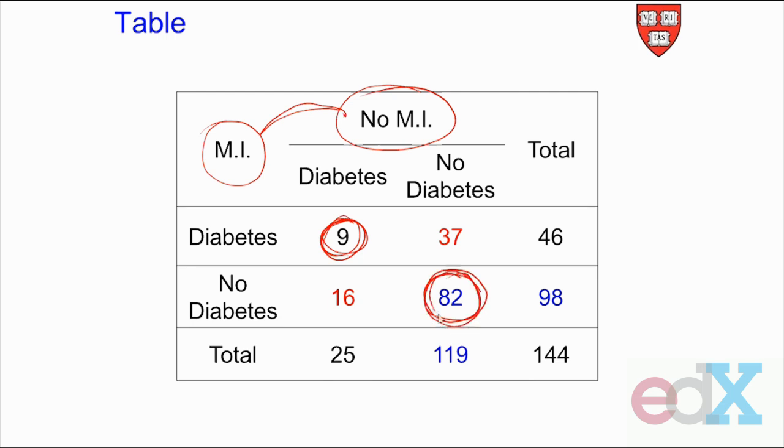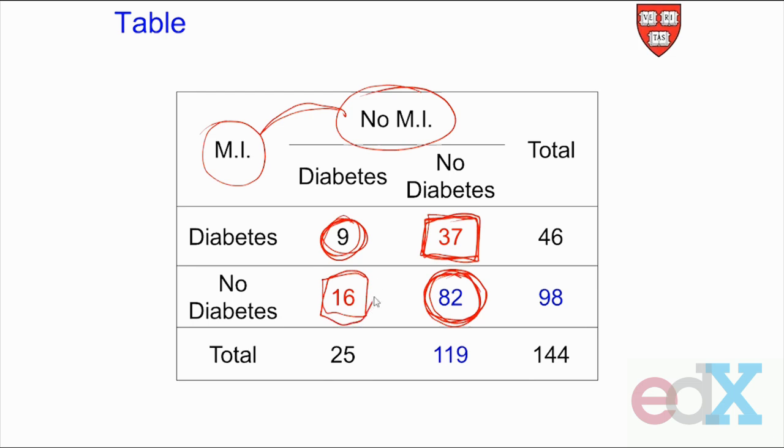And the argument is that if there's going to be a difference between those with MI and no MI and diabetic status, then it's the discordant pairs that we should be looking at, these 37 and these 16. And is it just as likely to be in this quadrant as this one?